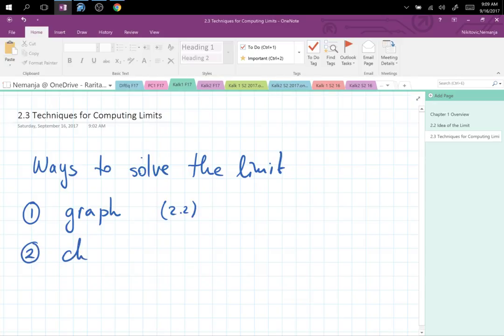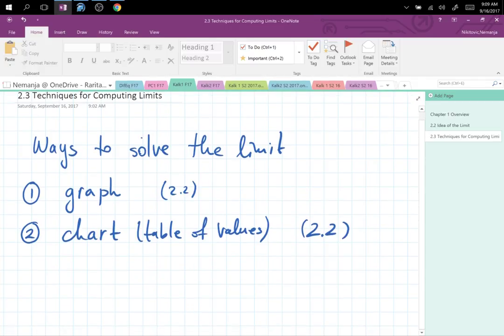Number two is chart, table of values. Also 2.2. And number three now, algebra, 2.3. So these are the ways to compute the limit.